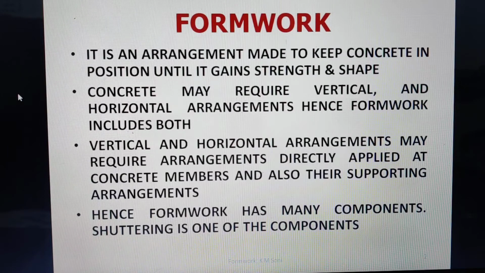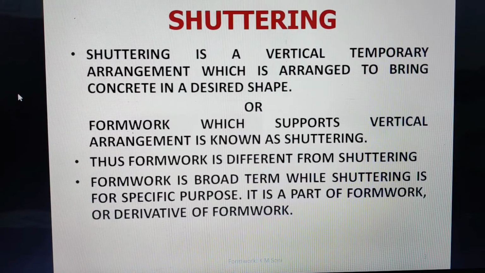Now, vertical and horizontal arrangements may require arrangements directly applied at concrete members and also their supporting arrangements. Hence formwork has many components. And when we talk about shuttering, shuttering is one of the components of the formwork.